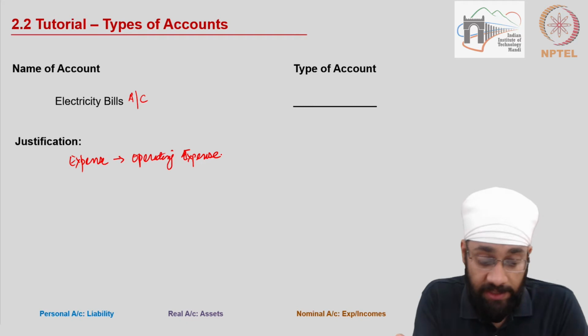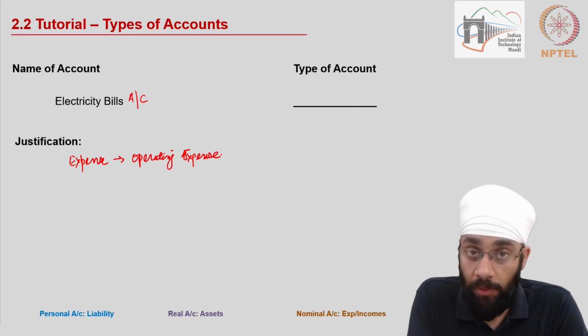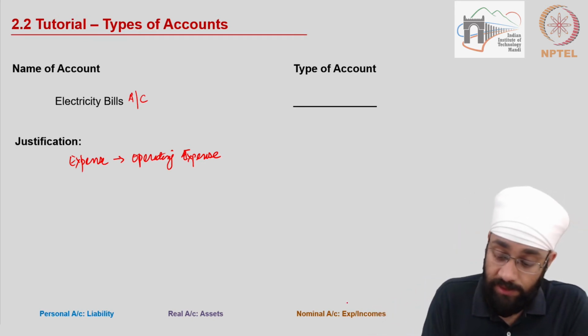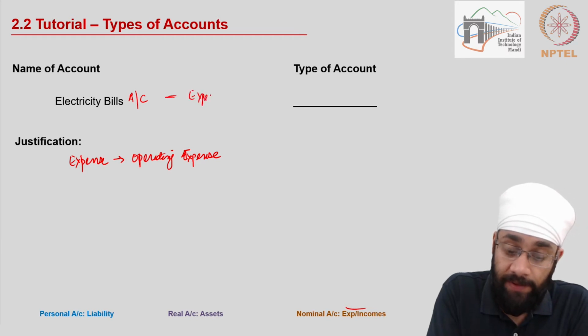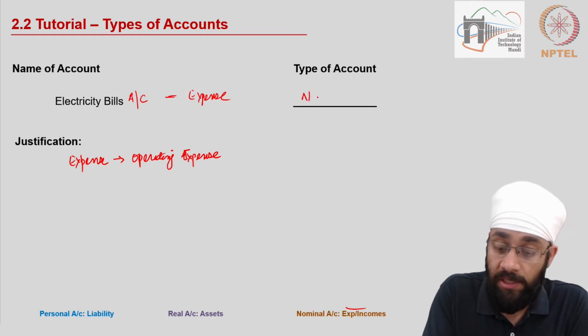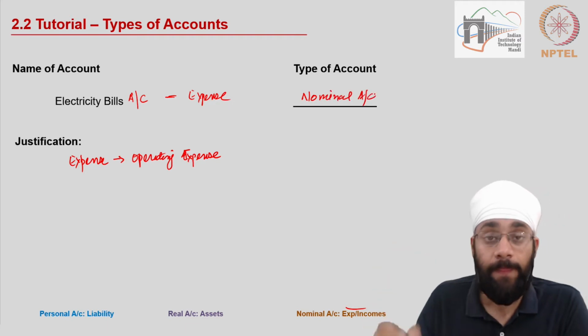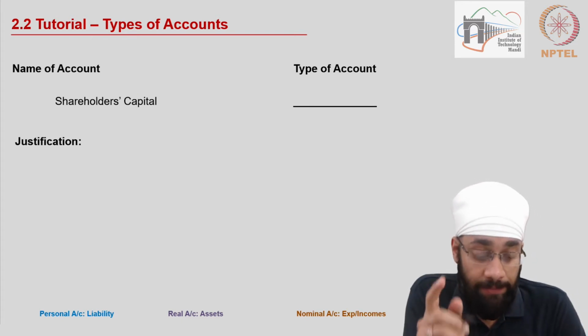And again, the idea is that this is going to help you generate revenue in the short run, help you maintain your operations effectively in the short run. This is again an expense item, as we said, and all expenses are nominal account.